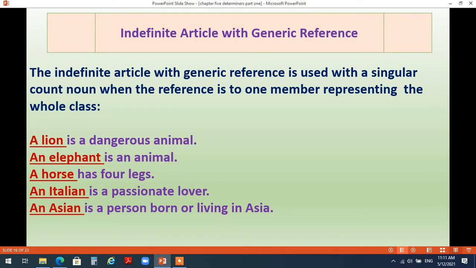An Asian is a person born or living in Asia. Again here we have used an Asian to represent the whole class of Asian people. It is as if it is one sample, and this sample represents the whole class, here including the class of Asians in general. This is called the usage of the indefinite article when there is generic reference.